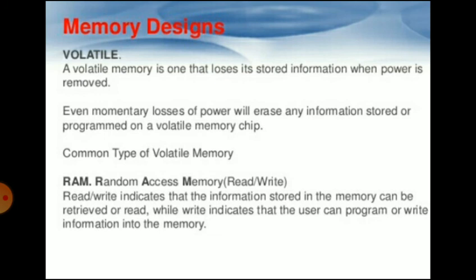Some of the PLC memory is used to hold system memory and some is used to hold user memory. The common type of volatile memory is, first, RAM. RAM means random access memory, read or write. RAM is for the user's program and data storage. It is designed so that information can be written into or read from the memory.